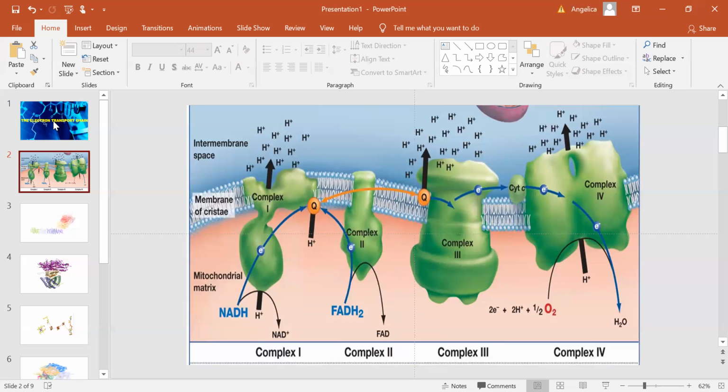Complex 1, NADH-Q oxidoreductase. The official name is NADH ubiquinone reductase, H+ translocating.